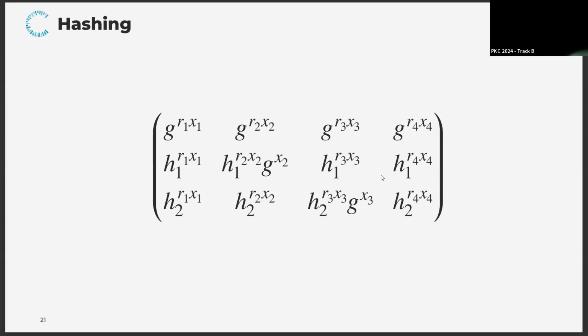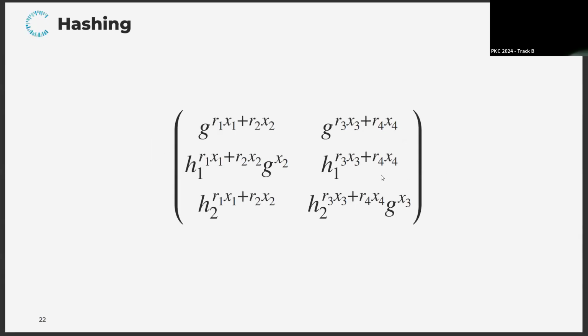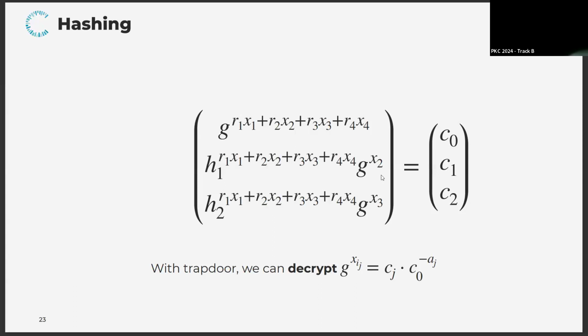We start by multiplying these matrices all together, and we do it in, let's say, a tree. We multiply two columns by two columns: first the first and second, and then the third and fourth, and then we repeat again. This will be our final ciphertext, which will be an ElGamal ciphertext. Given our secret key, we can decrypt the indices that we want to extract.